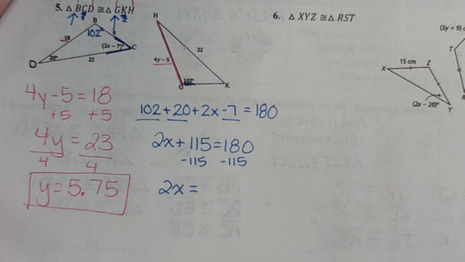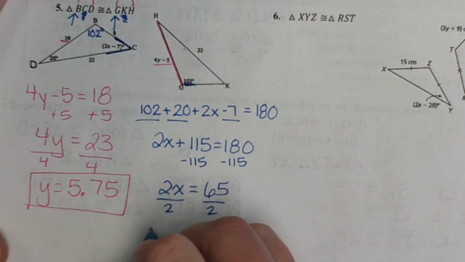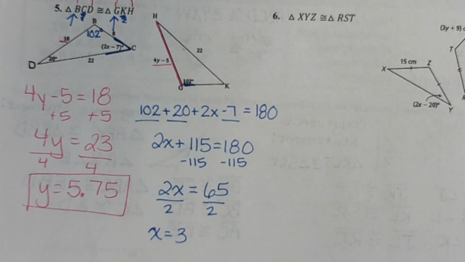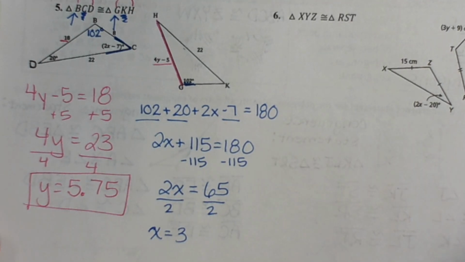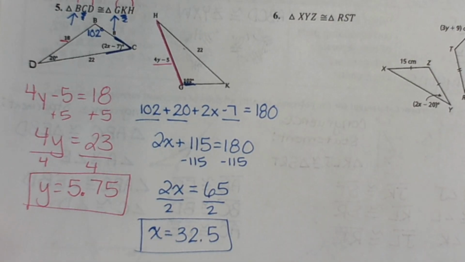Subtract the 115. I get 65. Divide by 2. x is 32.5? Again, decimals do not mean we did it wrong.